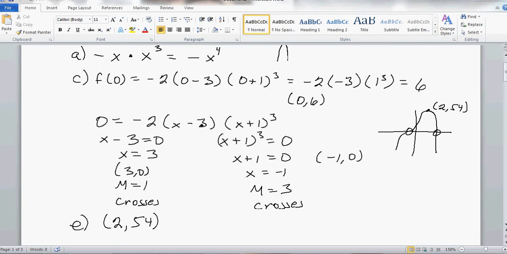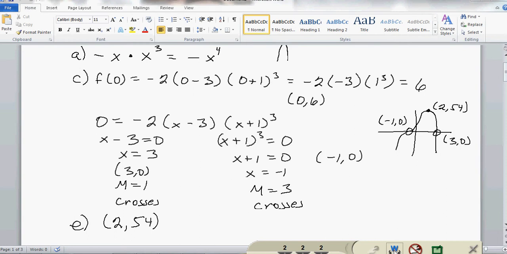I'm not going to spend the time to recreate this thing that looks something like this. I'm just going to make sure that I label that this is -1, 0. This is the point 3, 0. This is the point 2, 54. And I've got the general shape of what it looks like. So F is pretty good. Then we have even more yet to do.